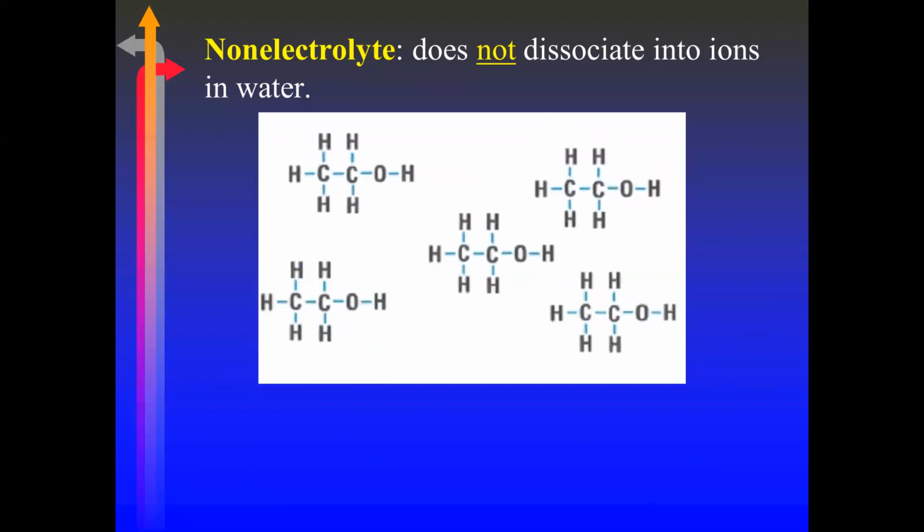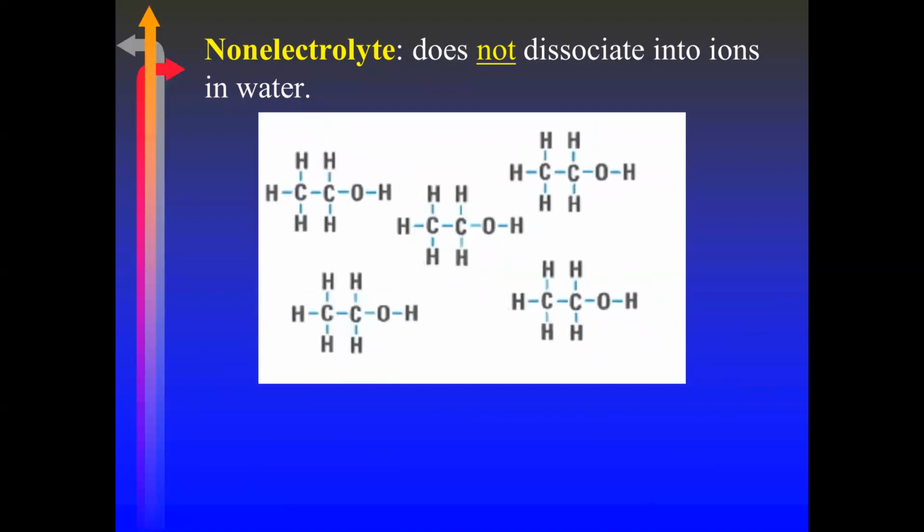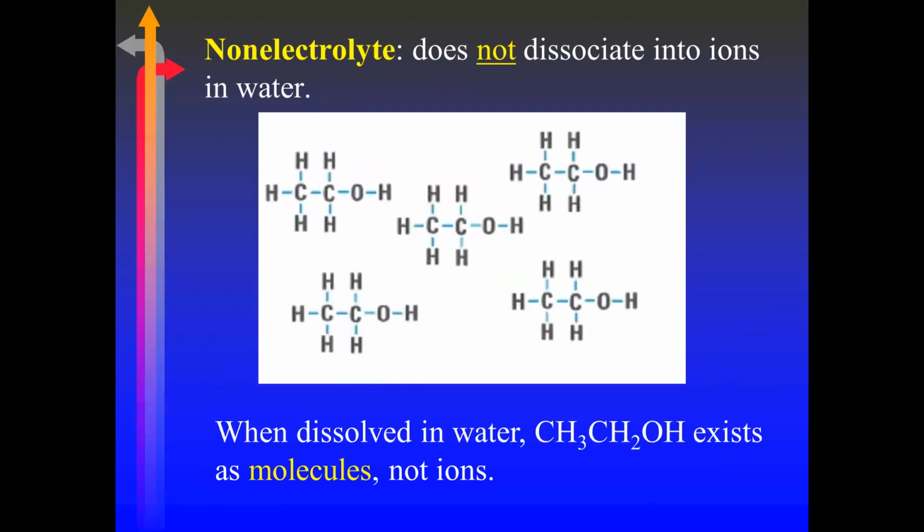Such compounds are called non-electrolytes. When dissolved in water, the ethanol or the alcohol exists as molecules, not ions. This is why it does not conduct electricity, because in the solution, there are no ions.